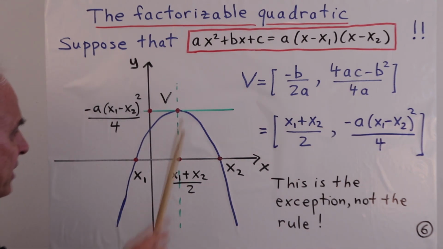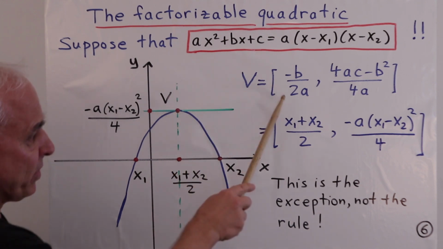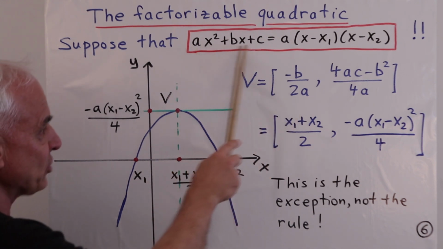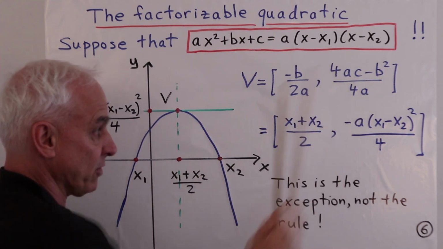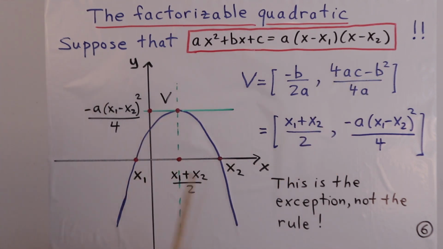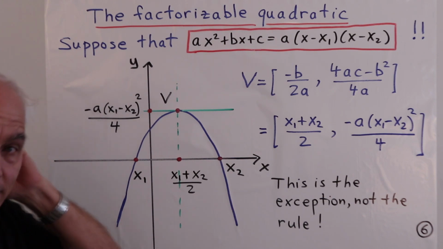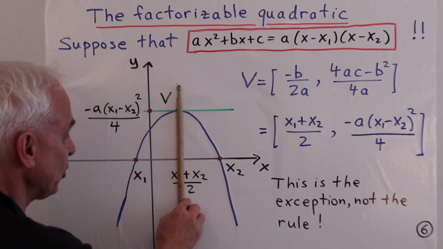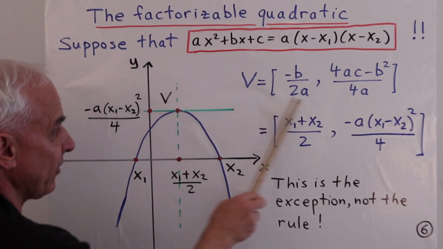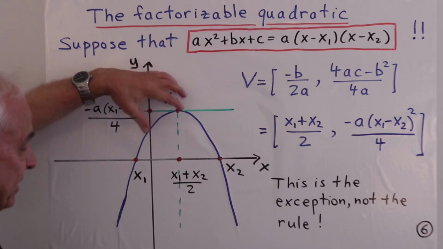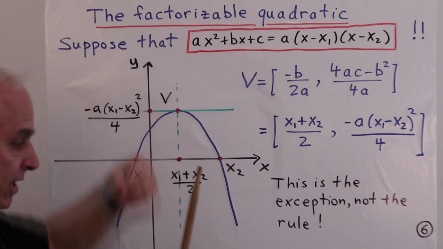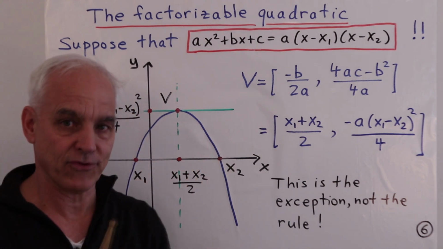In that case, this vertex v, which we know in terms of the coefficients a, b, and c, is minus b over 2a and 4ac minus b squared over 4a, that can be rewritten in terms of x1 and x2. So the midpoint of x1 and x2 turns out to be this x-coordinate. In other words, the vertex is indeed halfway between the two zeros.